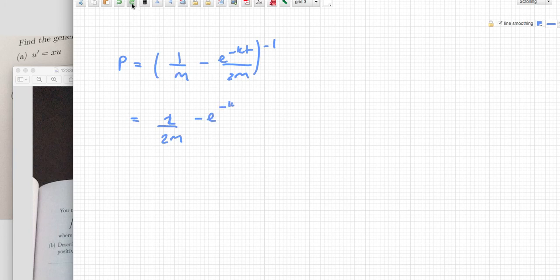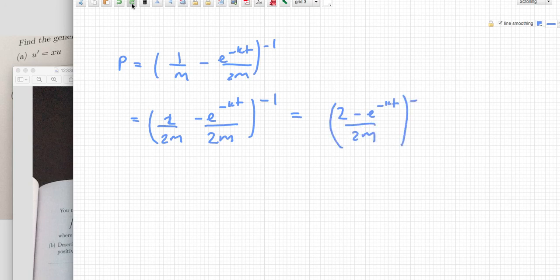You get minus e to the minus kt over 2m, and adding them, we get 2 minus e to the minus kt all over 2m. Then take the reciprocal, so 2m over 2 minus e to the minus kt. That's what p is equal to.